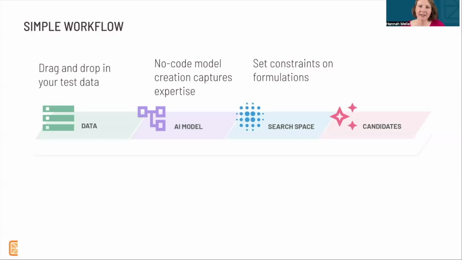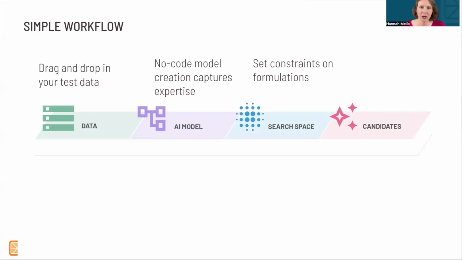Then you can set constraints on the formulation. This is where you can put in your business nous. You can make sure that the formulations that are produced are practical, feasible, able to scale up. So, for example, if your stirring process can't go above 60 RPM, then you can set that as a constraint so that you don't get suggested formulations with a higher RPM.